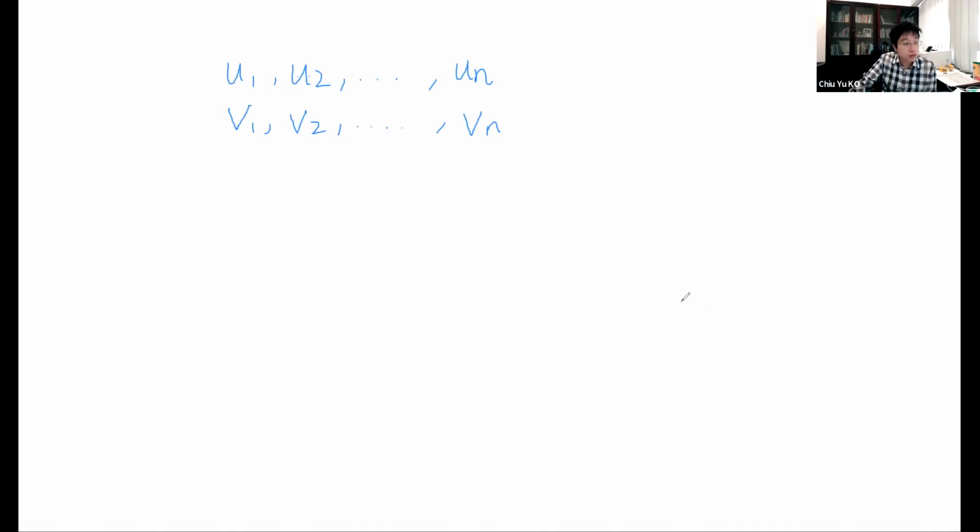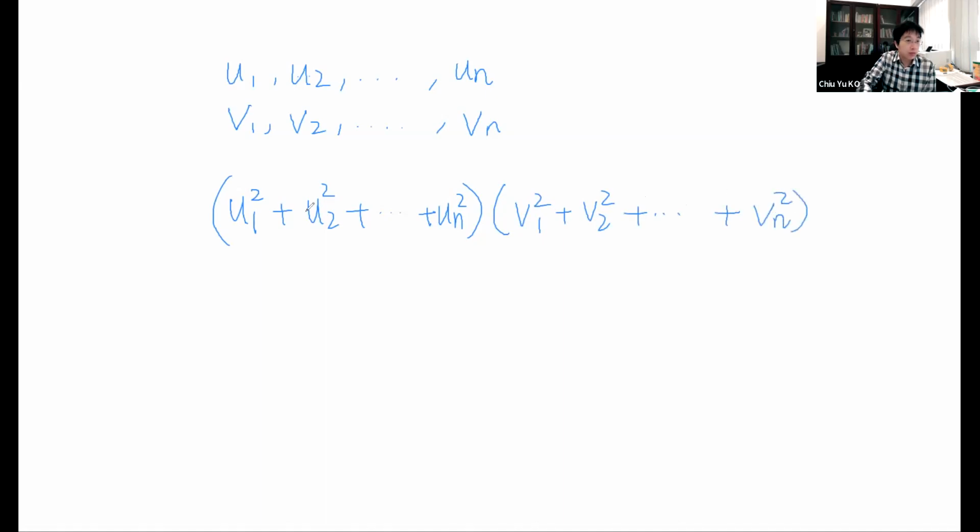So the Cauchy-Schwarz inequality says the following: the sum of the squares of the first sequence, u1 square plus u2 square plus up to un square, multiplied by the sum of the squares of v1 square, v2 square up to vn square, will be bigger than or equal to the square of the sum of each one multiplied together, u1 v1, u2 v2 up to un vn.